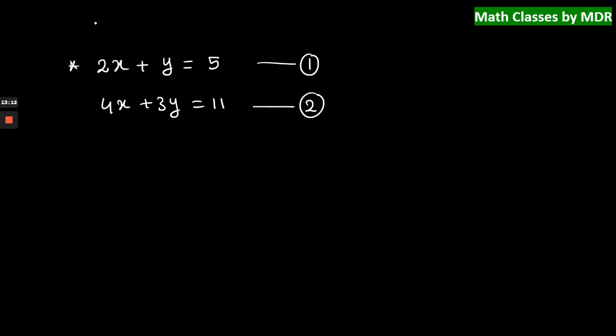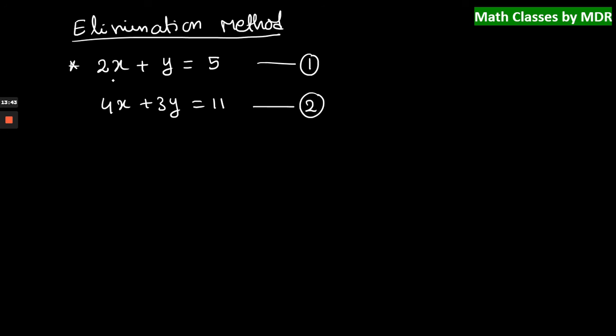So in order to use elimination method, we have to make either x coefficient same or y coefficient same. That means either coefficients of x should be equal or coefficients of y should be equal in both the equations.